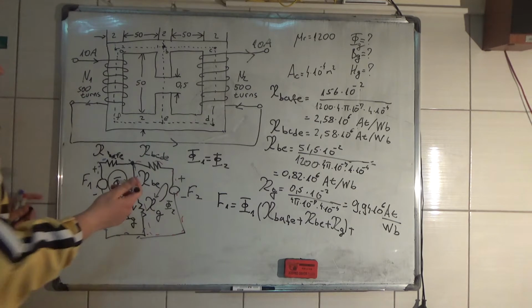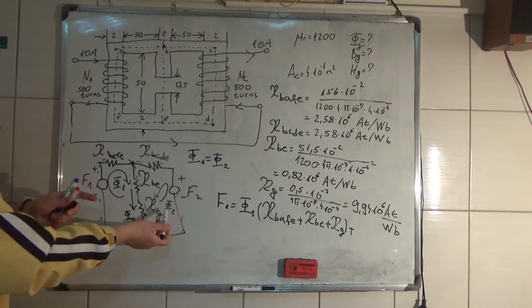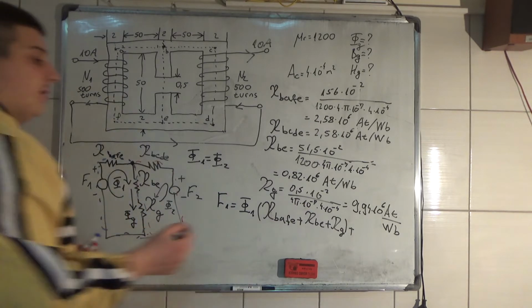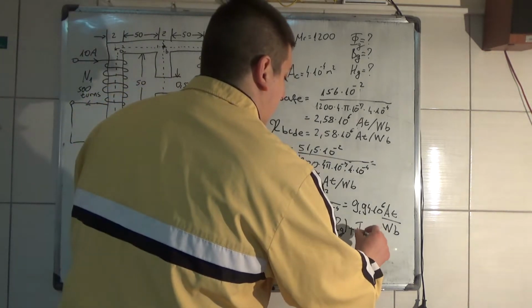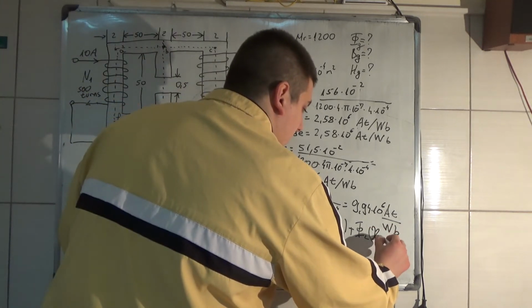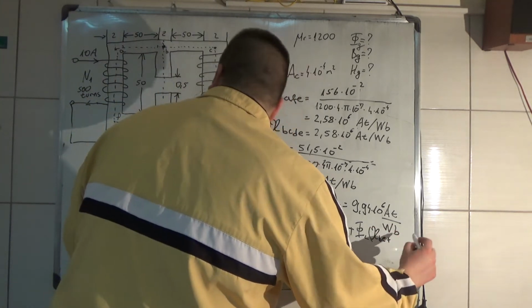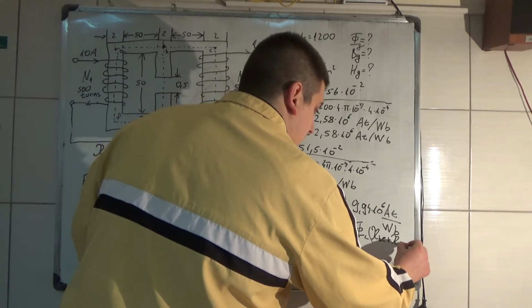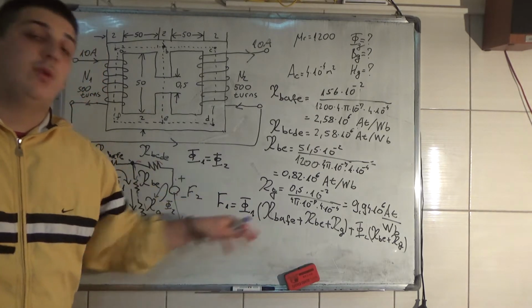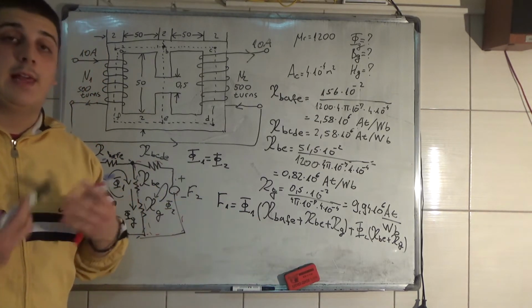Plus the MMF, the dropouts of this flux 2, and it's equal to... so this is actually the same as you would do with the electric circuit.